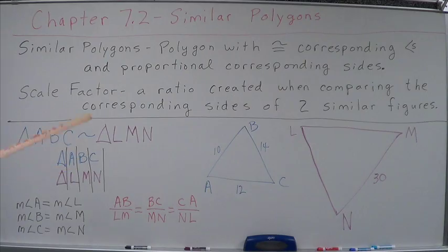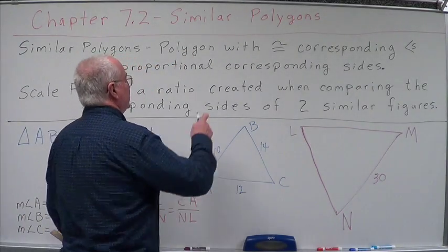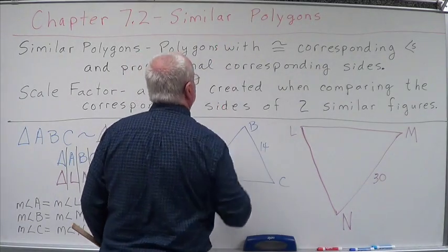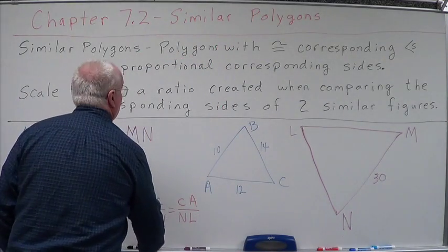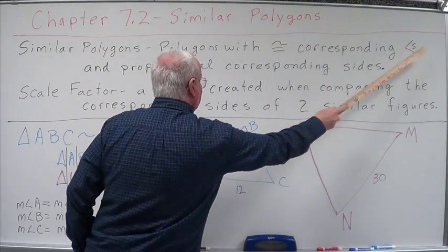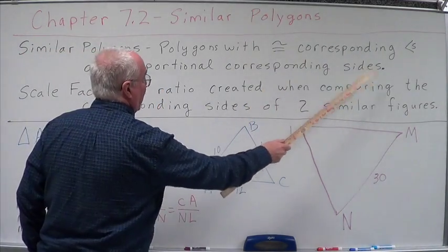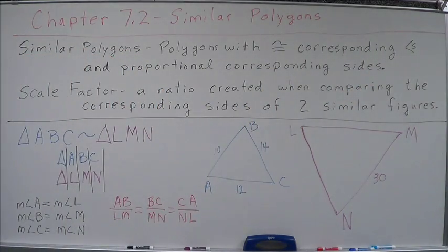Similar polygons are polygons with congruent corresponding angles and proportional corresponding sides. All right? Let that sit in for a little bit.